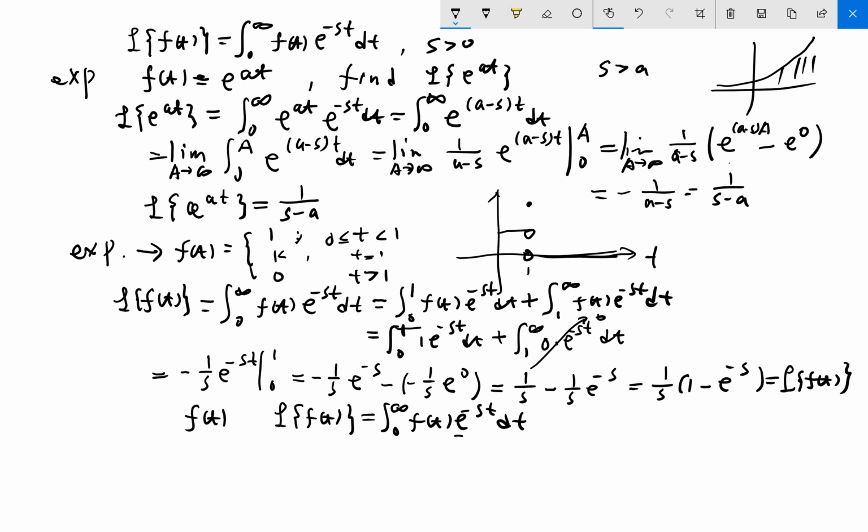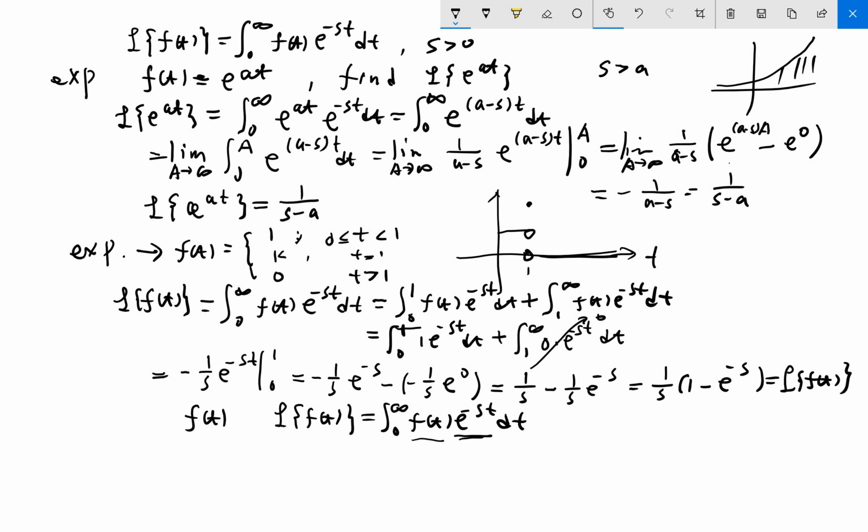However, since s here is positive, if t goes to infinity, this one goes to 0 very fast. Therefore, for most f(t), the functions you are familiar with, for example cosine t, sine t, this improper integral converges. In other words, its Laplace transform exists.